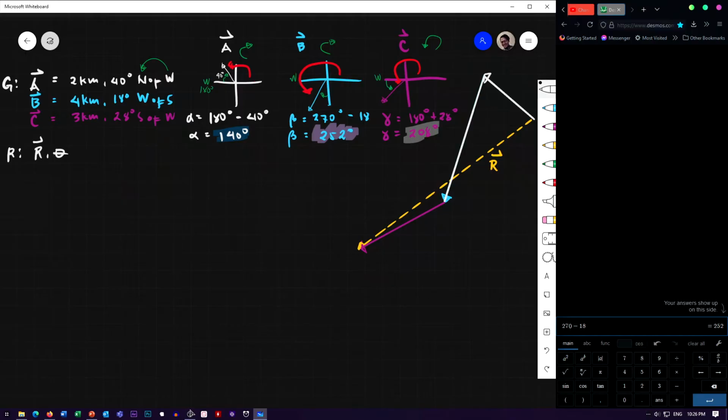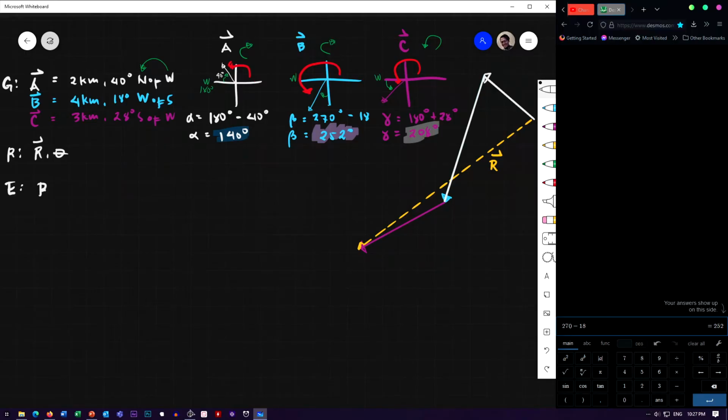So for the equation, of course, we're going to find the r sub x and r sub y. So it will be Pythagorean. Okay, but first we're going to add up the values of a sub x, b sub x, and c sub x, and then a sub y, b sub y, and c sub y. So, sir, how are we going to do that?